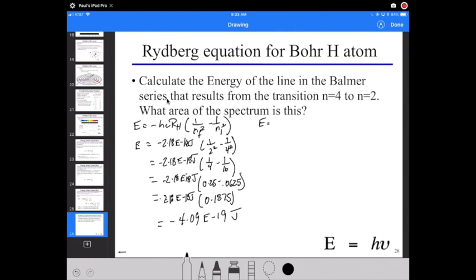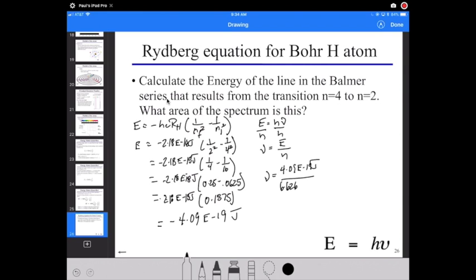E equals h nu, right? And so I can take this and that, and I can find nu if I take the energy I have and divide it by that constant. So, in this case, I don't use the negative sign. Why? What does that negative sign mean?